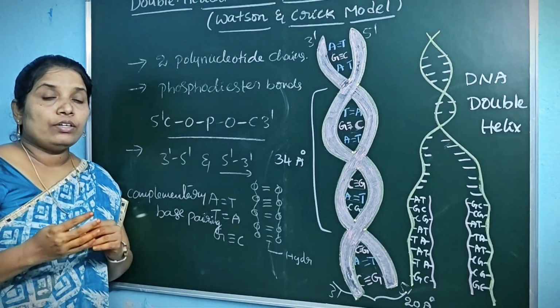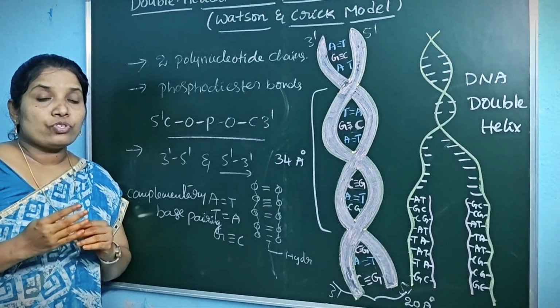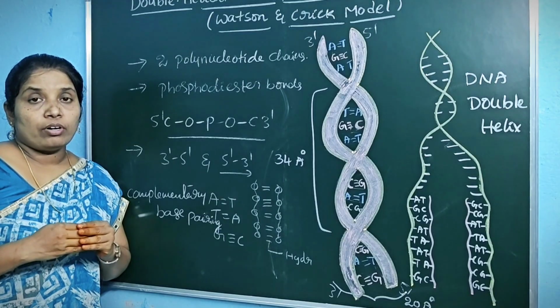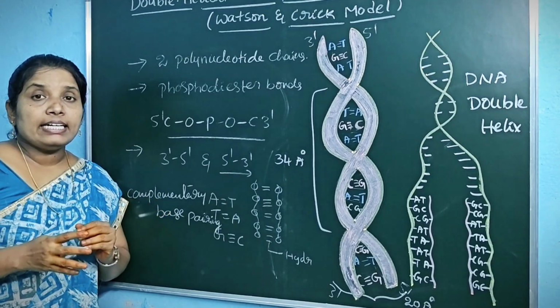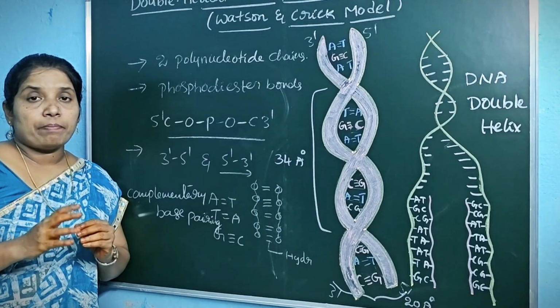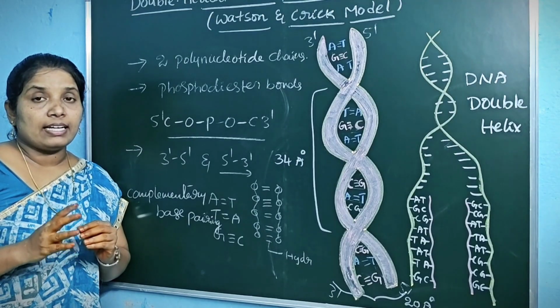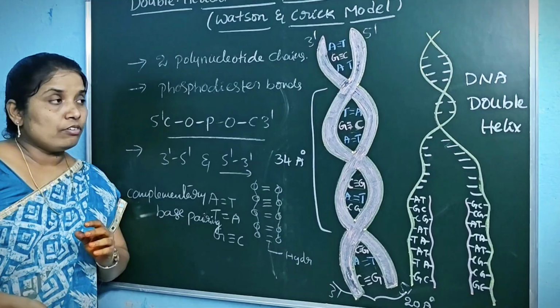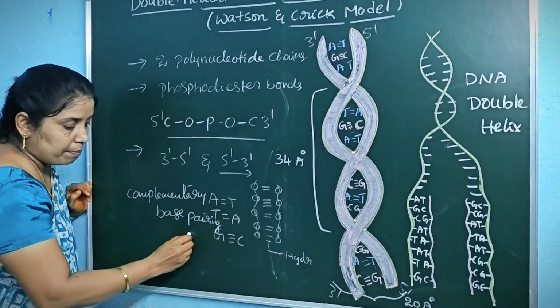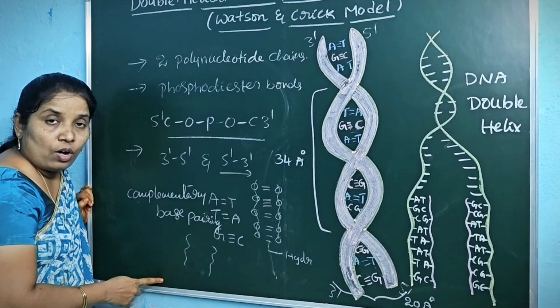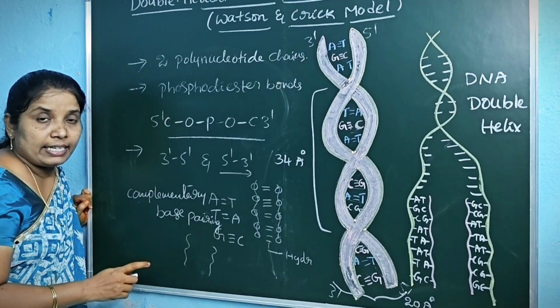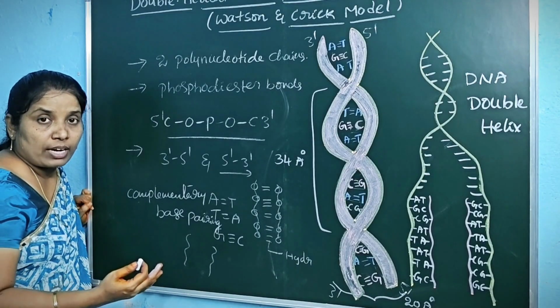So if you want to separate the two strands of DNA, heating can separate the two strands, and alkali treatment also separates the double helical structure. So it gives two separate strands. When you treat the DNA with heating or with an alkali, it gives separation of the two strands.